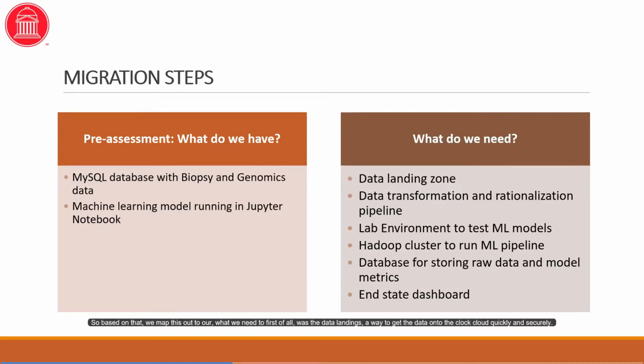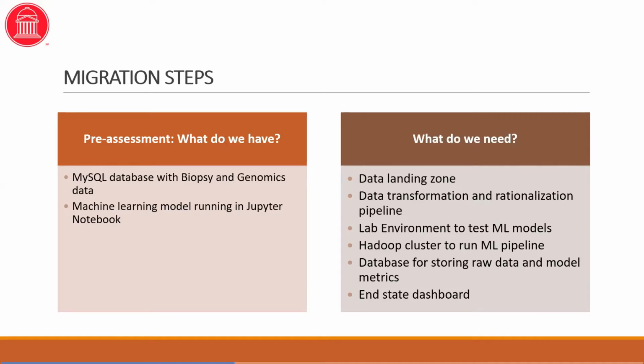Based on that, we mapped this out to our needs. What we needed, first of all, was the data landing zone, a way to get the data onto the cloud quickly and securely. We also needed a transformation and rationalization pipeline, something to cleanse the data, conform it, get it into a cloud-friendly format, as well as a lab environment to test the ML pipelines.